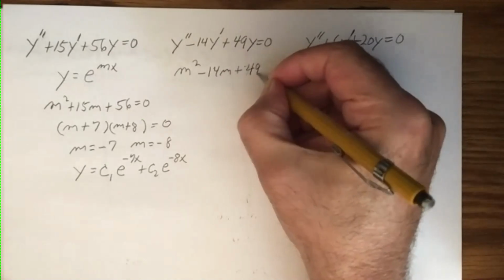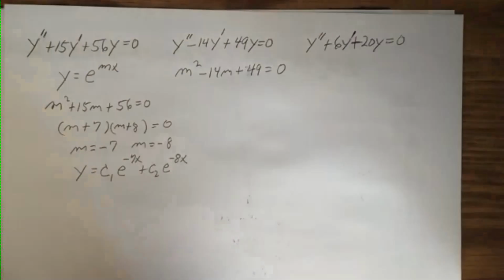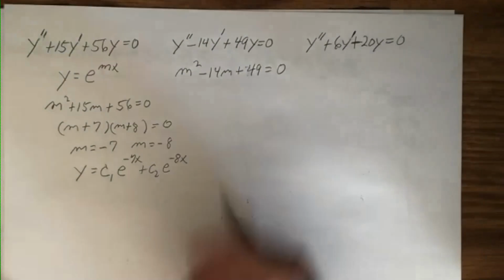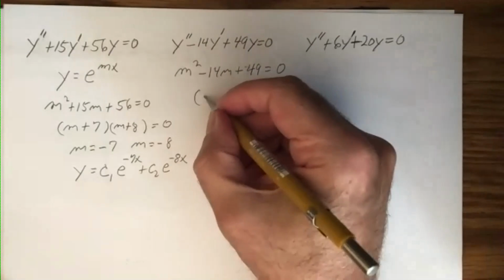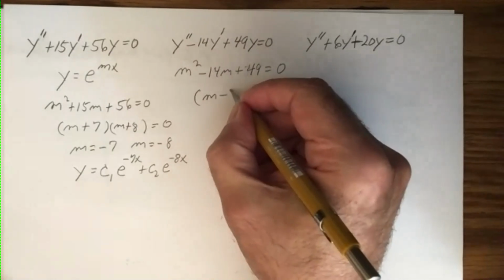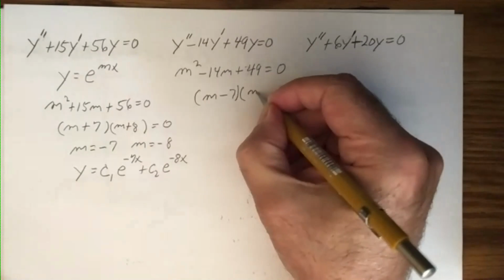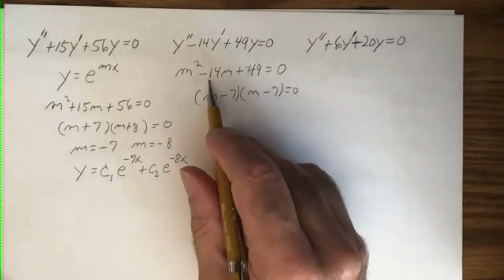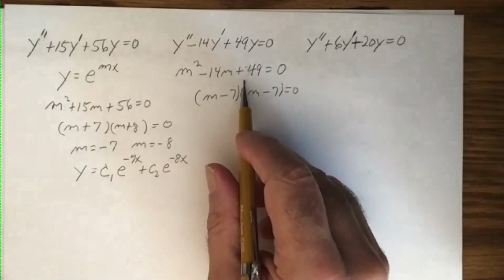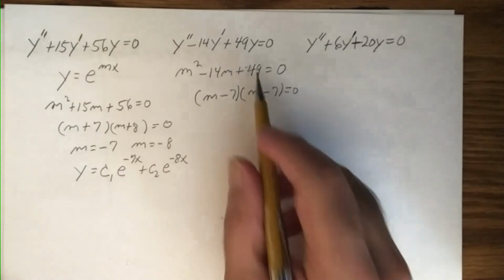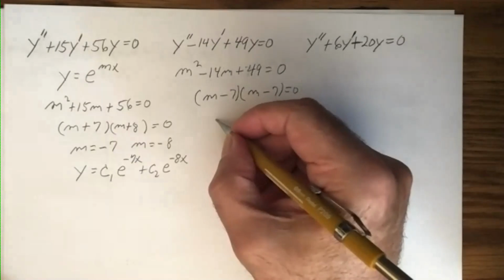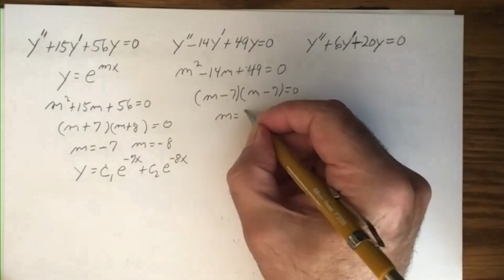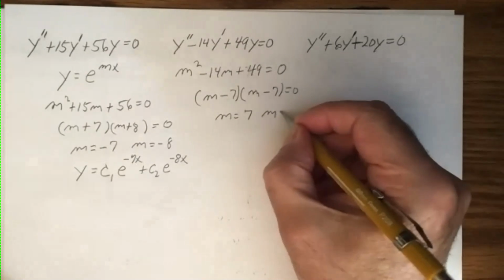So I can factor this into m minus 7 and m minus 7. So that gives me the middle term of 14, and then minus 7 times minus 7 gives me the 49. So now m is equal to 7 and m is equal to 7.